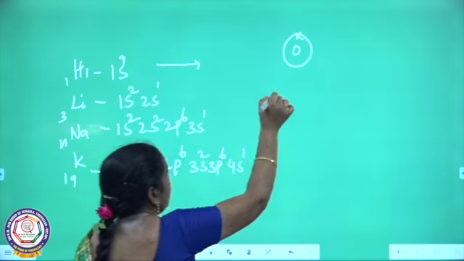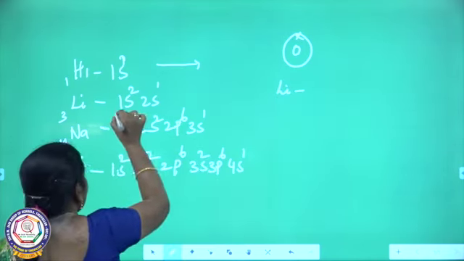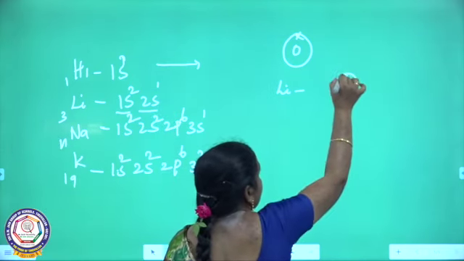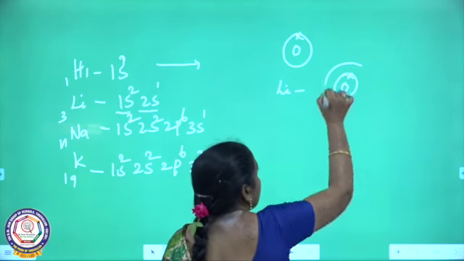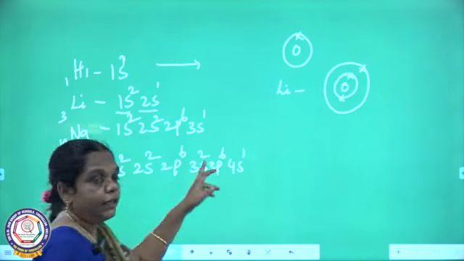Next, for lithium, how many energy levels? 1, 2 energy levels. This is the nucleus, first energy level, and then the second.